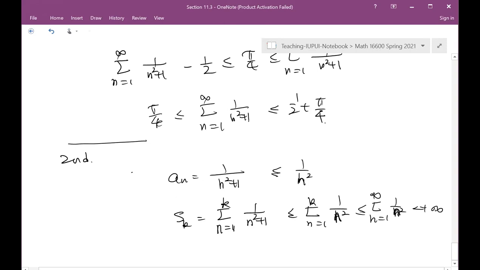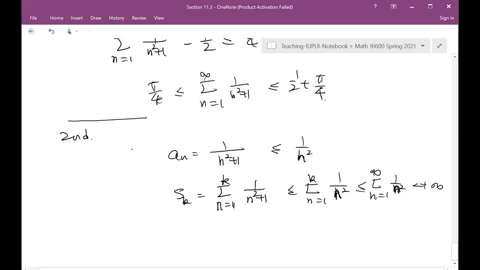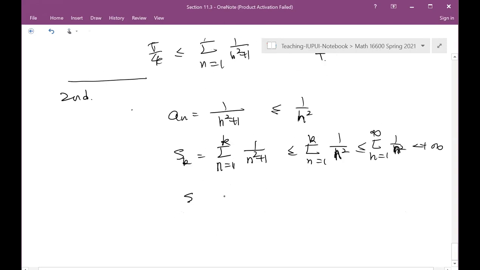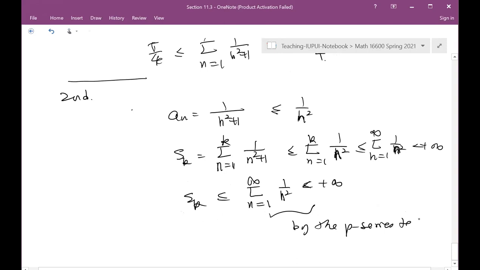That means the partial sum has an upper bound. In other words, s_k is less than or equal to the sum from n equals 1 to infinity of 1 over n squared. This is a finite number. This is by the p series test. We already know that, right?